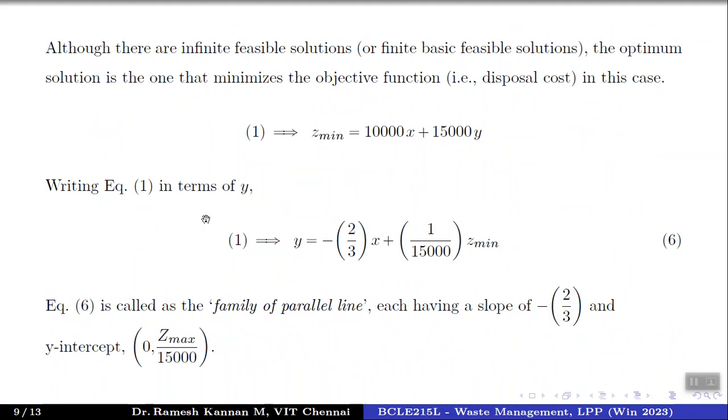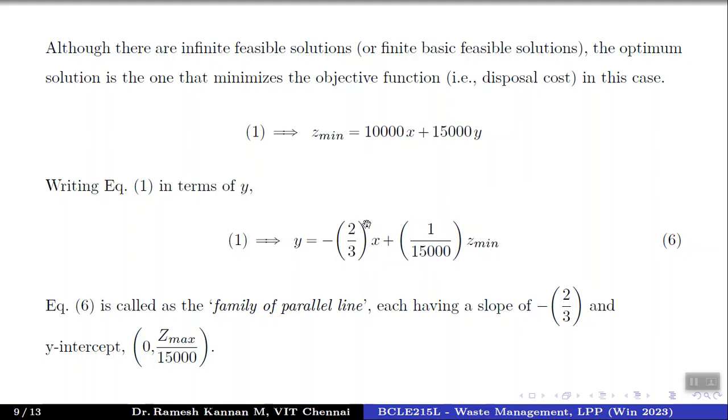Next, we talk about whether that particular solution is optimal or not. We use a concept called the iso-objective line. We take the objective function and represent it in terms of x or y. For this example, I'll take it in terms of y. So y equals to, when you take the other terms to the other side, z min and 10,000x, and when you do it, you get minus 2 by 3x plus 1 by 15,000 z min.